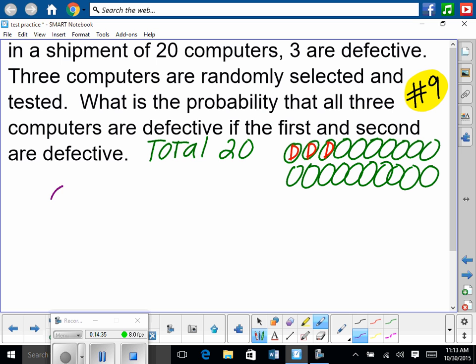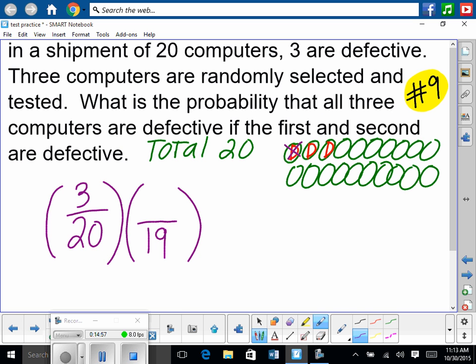On our first pick, what's the probability of drawing a defective? How many defectives are there in the beginning? Well, there are 3. So there's a 3 out of 20 chance that we would draw a defective on the first draw. So now we've drawn a defective. All right, so now there's only 19 total in there.